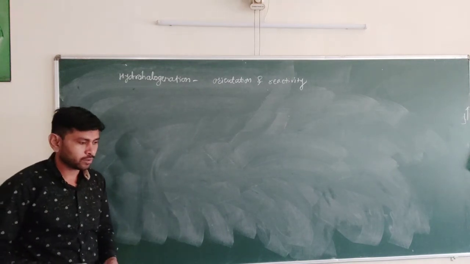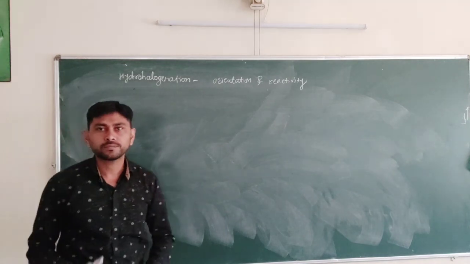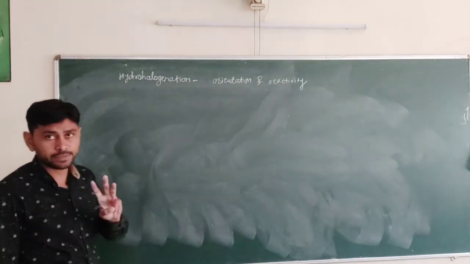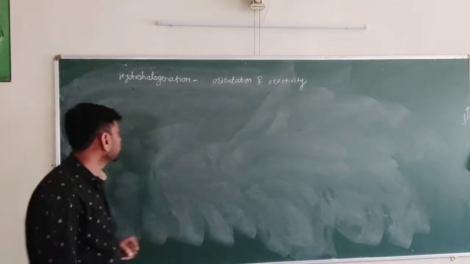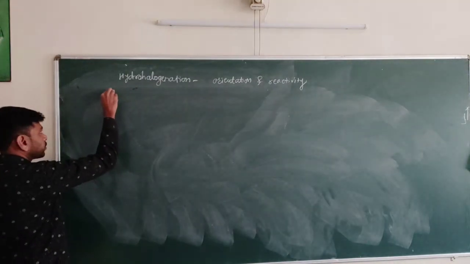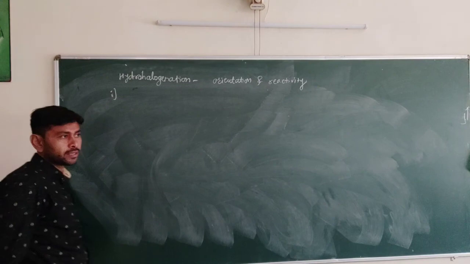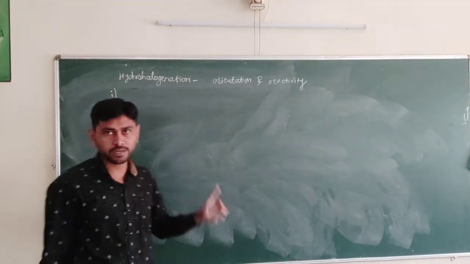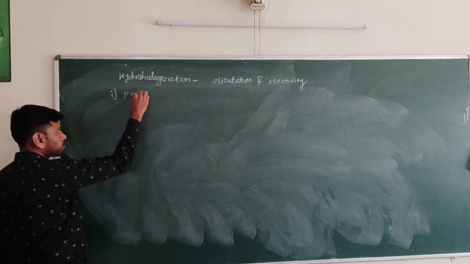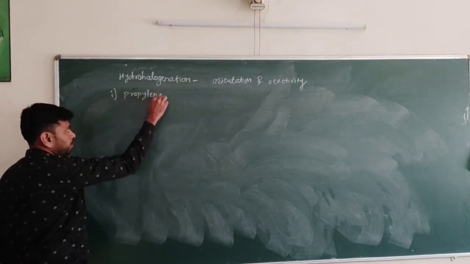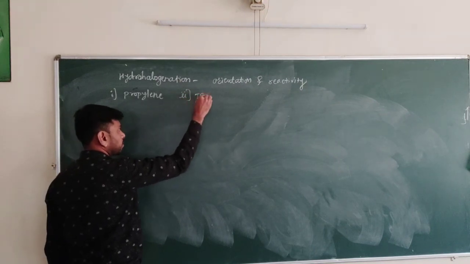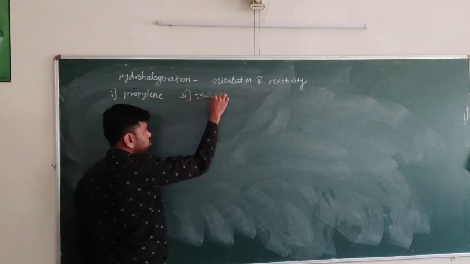In hydrohalogenation, we have taken 3 unsaturated systems to consider. First system is propylene, a simple unsaturated system. Second, we have to consider another unsaturated system, isobutylene.